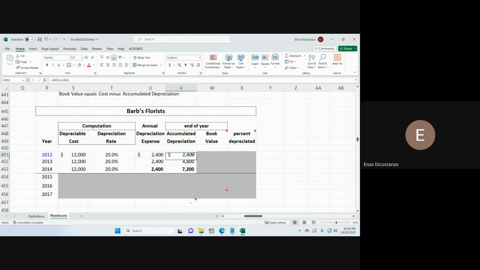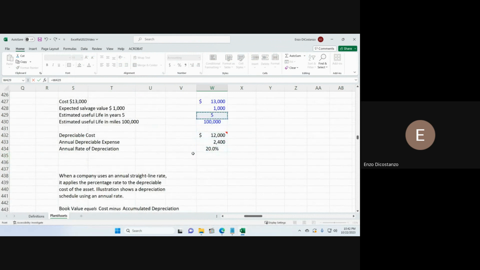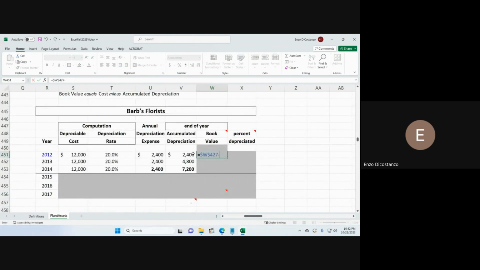So obviously, 2,400 times 3 is the 7,200, and the book is going to be that 13,000 minus the accumulated every year. So the book sunk from 13,000 to 5,800.